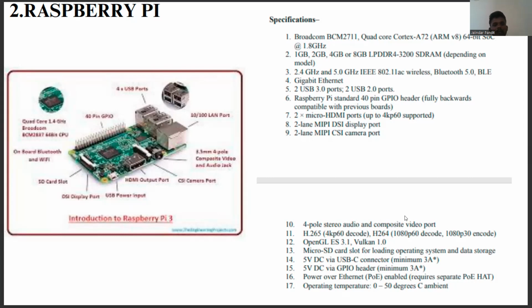Storage: Raspberry Pi uses a micro SD card as the primary storage medium, allowing extra storage capacity of up to 256 GB.